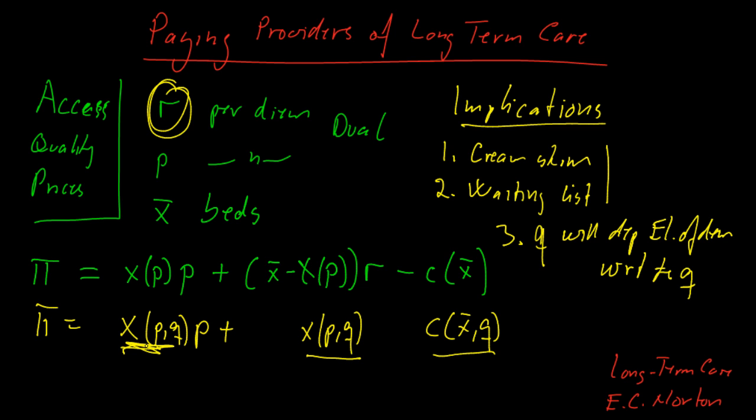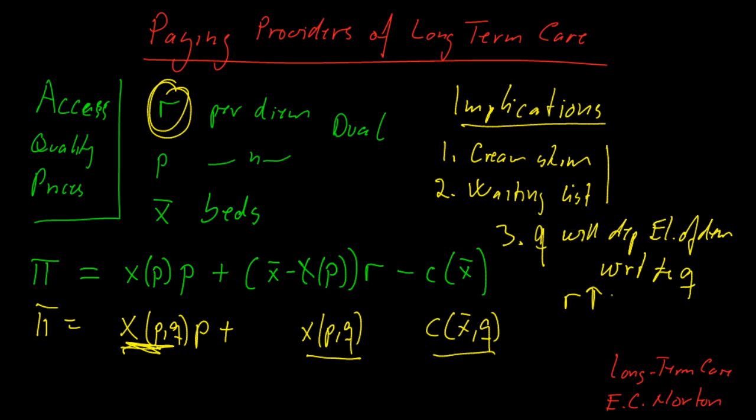If that's true, then increasing R means that you will have more people in long-term care coming from the public sector, and they don't care that much about quality, which means that the institutions will care less about quality because they have to give all the patients in this institution the same quality. So increasing R may reduce quality in this system, which is surprising.